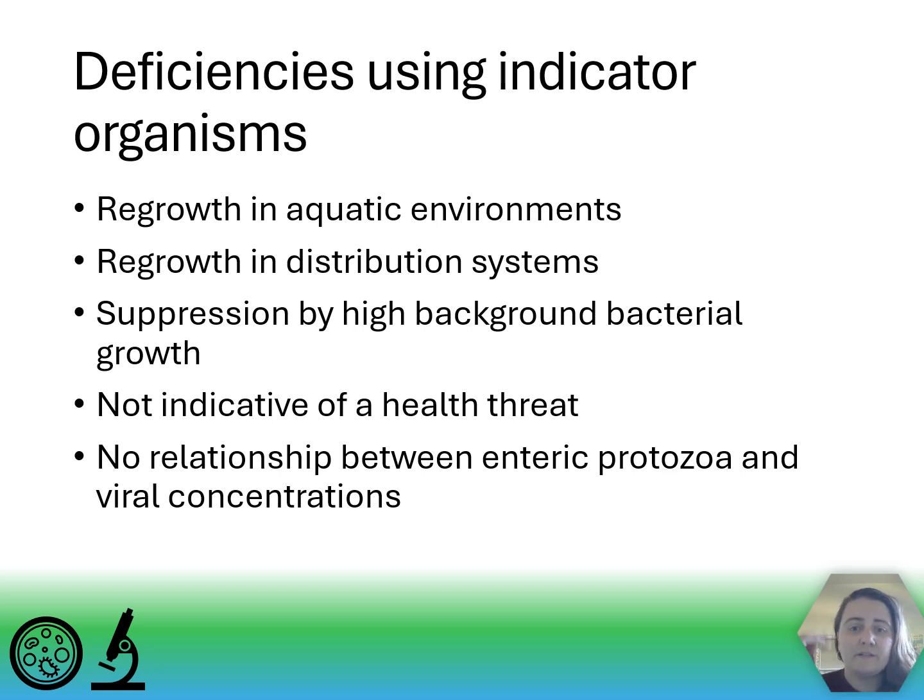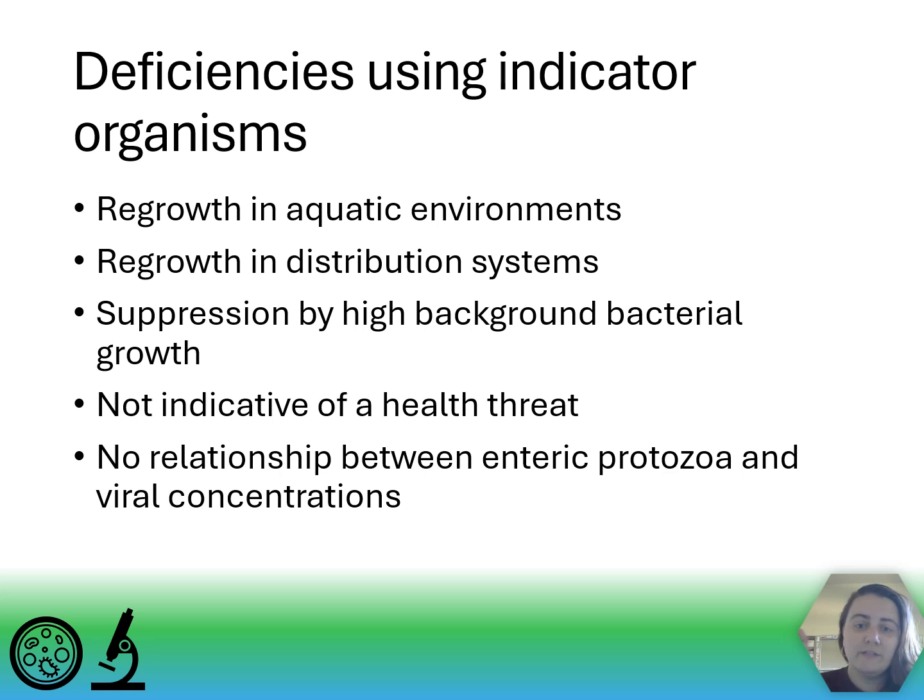We could have a suppression of the indicator organism based on high bacterial background growth. So there could be a lot of bacterial growth going on, and because of that, we're not seeing a signal from a specific indicator organism. That's an issue. They're not directly indicative of a health threat. So that's important, right? Just because we say that an indicator organism is there does not mean that it's a health threat. It means that it's likely a health threat, and that's important.